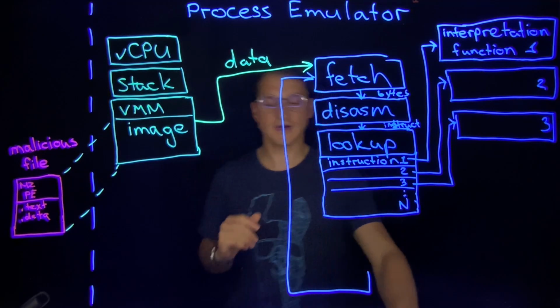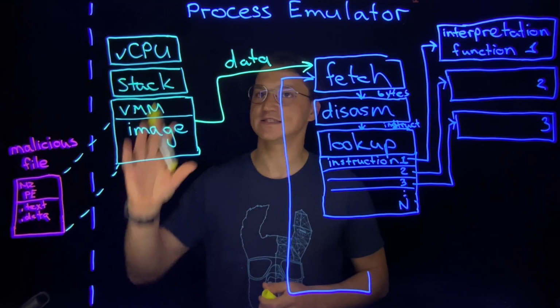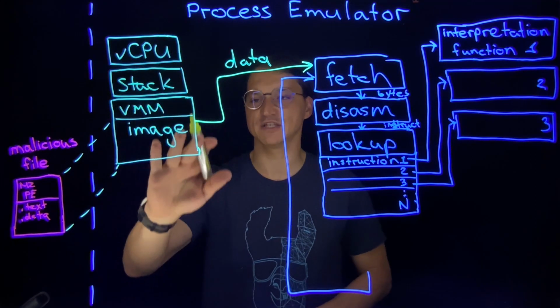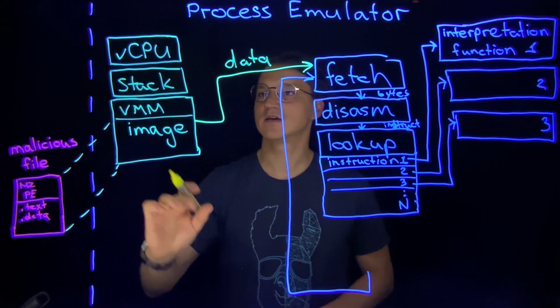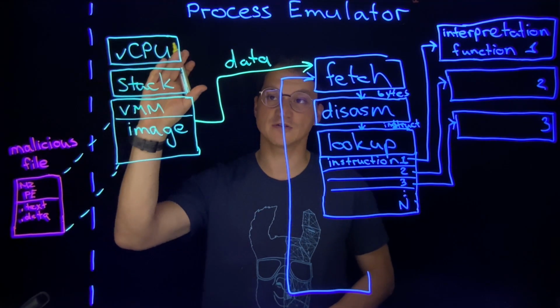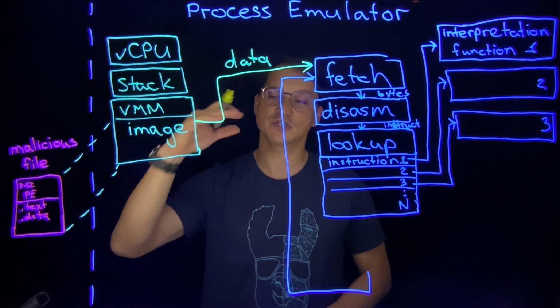binary. So just to remind you what we discussed last time, right, is emulator has a vCPU, stack, and virtual memory management. That's the main components. vCPU is responsible for keeping all the information about current state of virtual CPU, which is emulated.